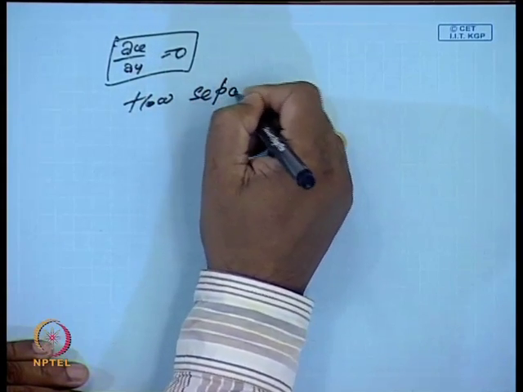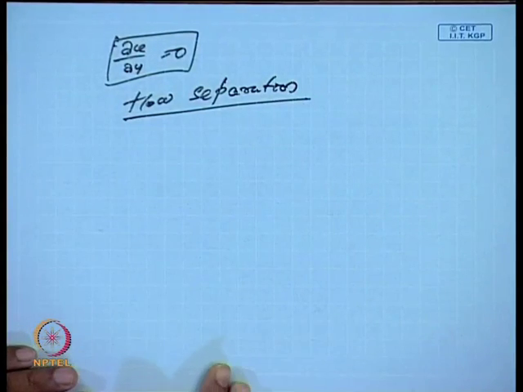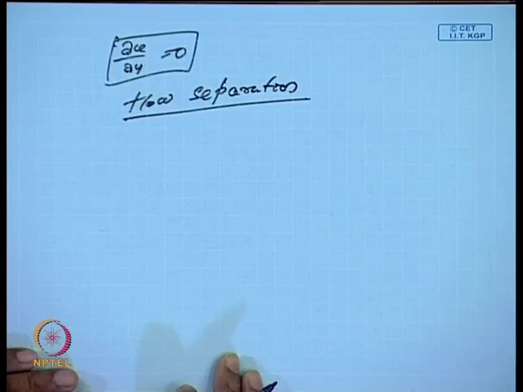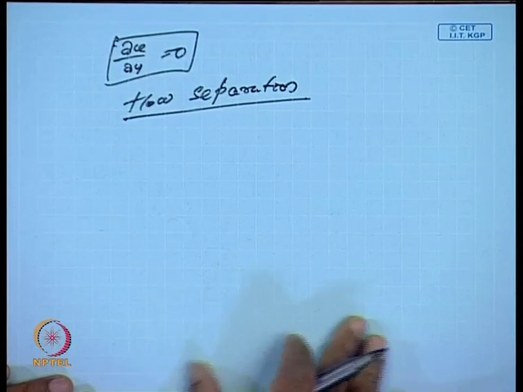And after the flow separation, what happens? If it decelerates further, the fluid will flow in the opposite direction, and the pressure gradient will change direction from positive to negative.